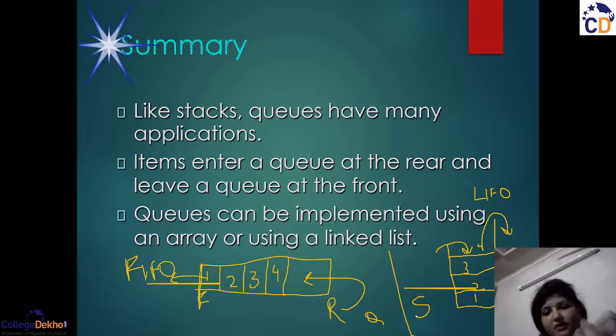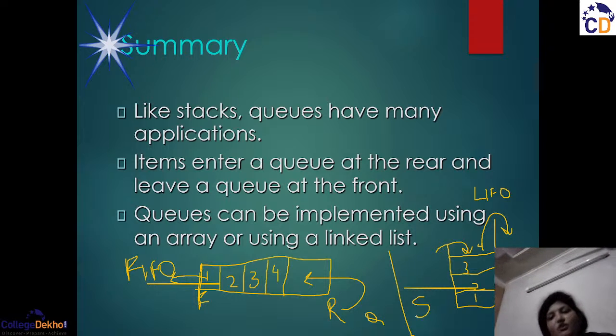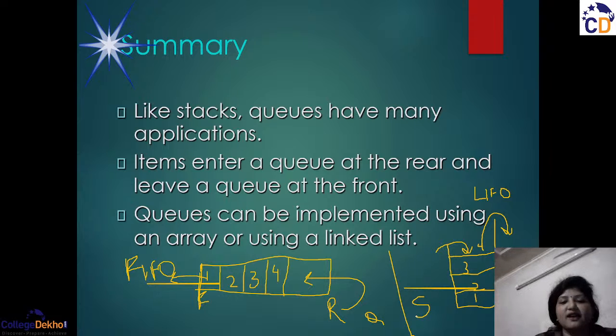Queues can be implemented using arrays and a linked list, same as for your stacks. Stacks can also be implemented using an array or a linked list, right? Hope you have understood the session. This is very important when we are talking in terms of memory.